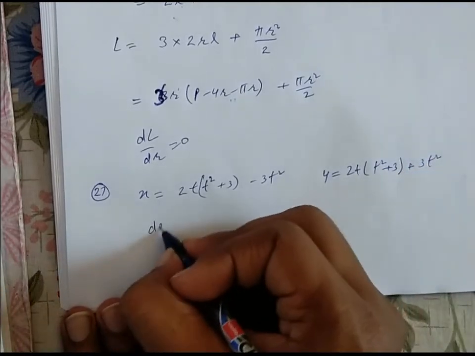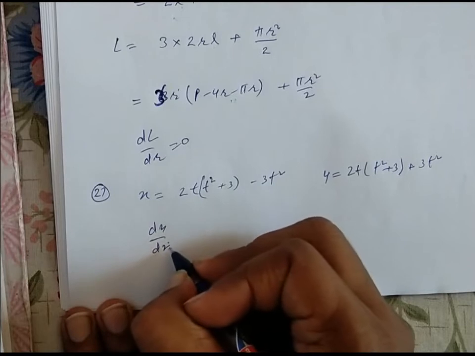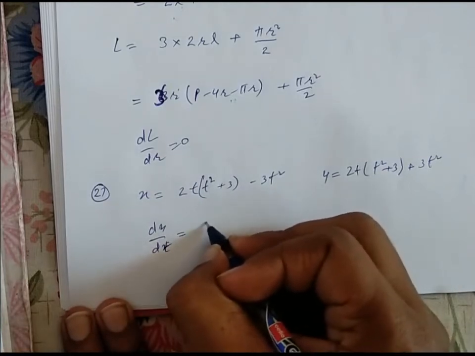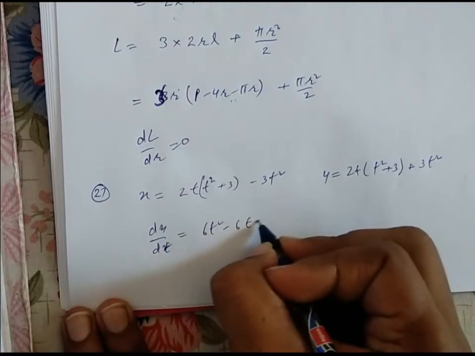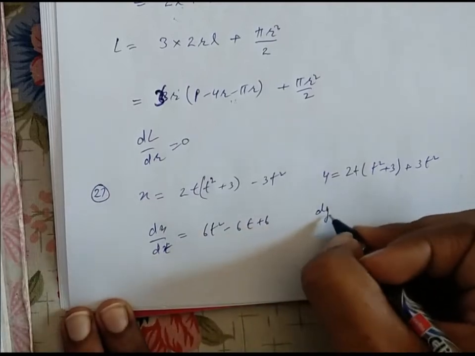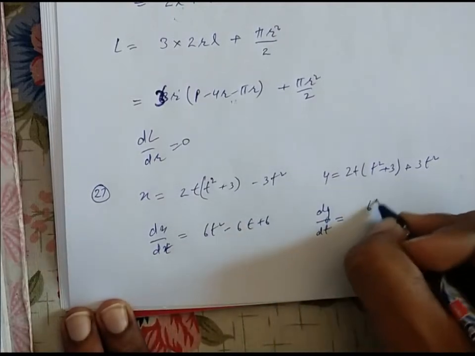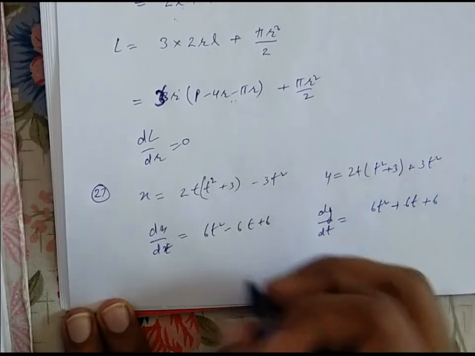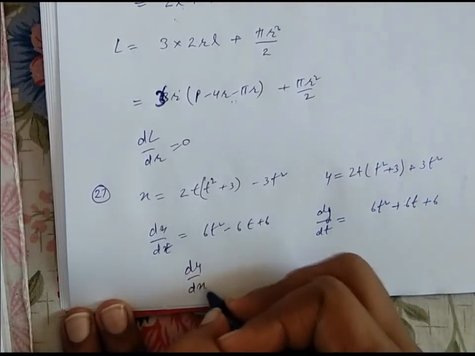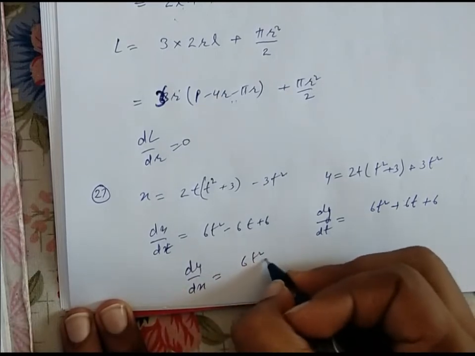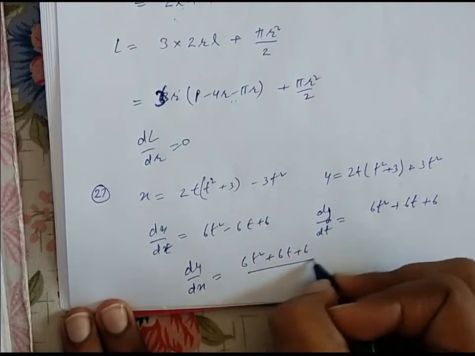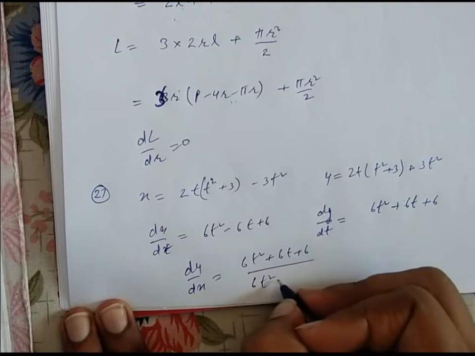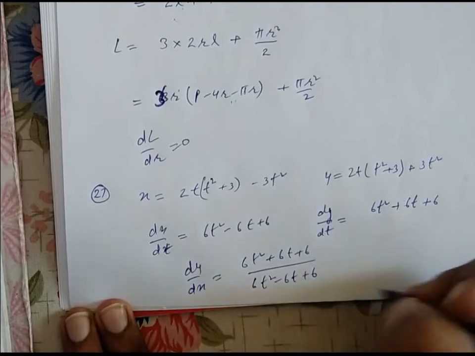So dx by dt is equal to 6t square minus 6t plus 6, and similarly dy by dt equal to 6t square plus 6t plus 6. dy by dx would be equal to 6t square plus 6t plus 6 upon 6t square minus 6t plus 6.